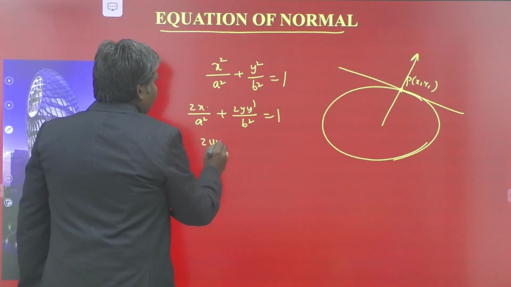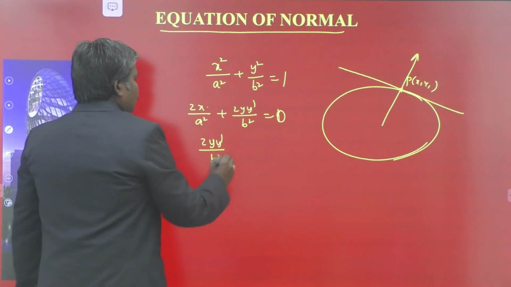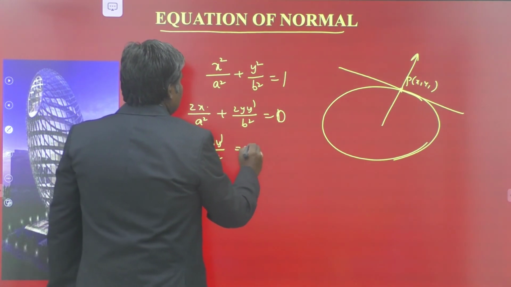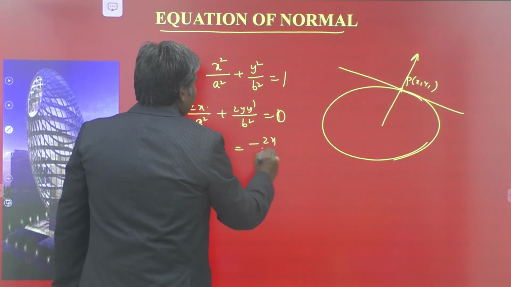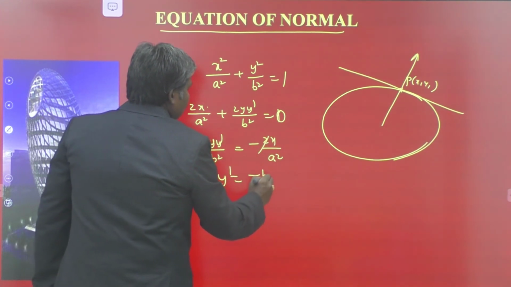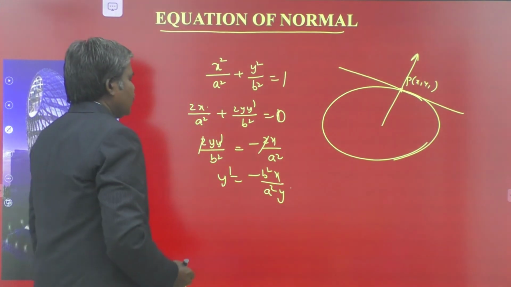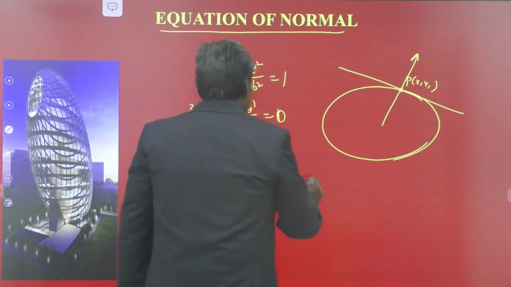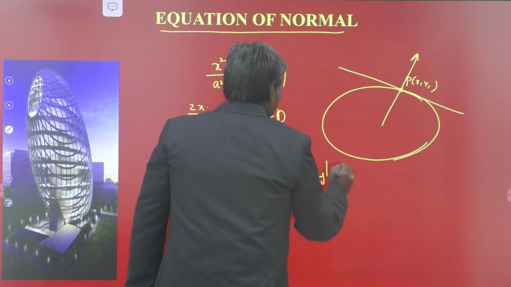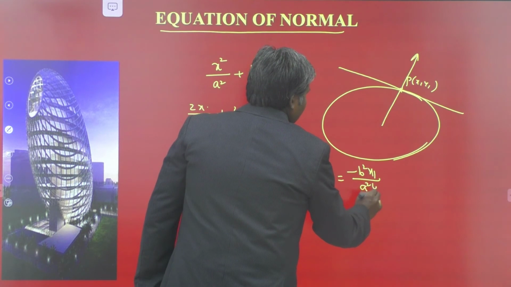So 2y y dash by b square is equal to minus 2x by a square. 2 gets cancelled. So y dash is equal to minus b square x by a square y. Now slope of tangent y dash at P(x1, y1) is minus b square x1 by a square y1.